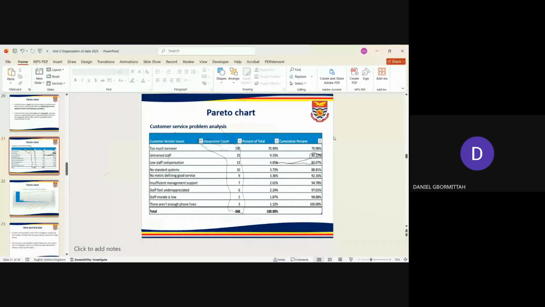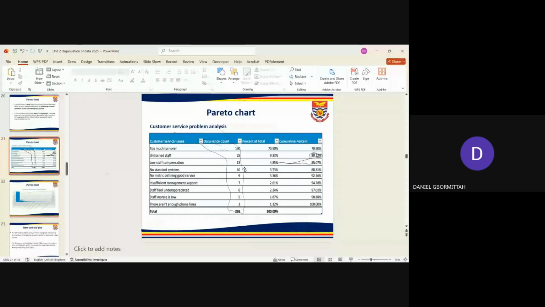Now, we want to construct a Pareto graph. We said a Pareto graph is made up of two graphs on the same graph sheet.